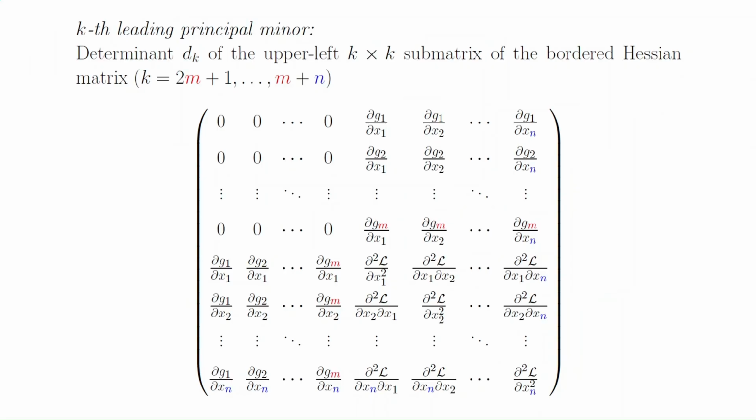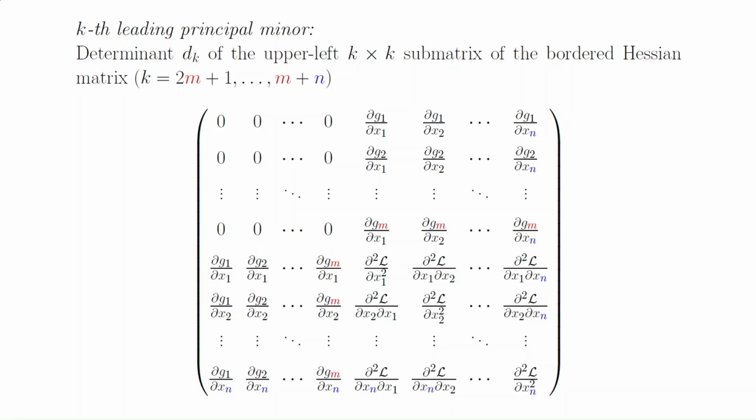For the critical point classification method that we are going to see in this video, we are specifically interested in analyzing the leading principal minors of the bordered Hessian matrix. The kth leading principal minor is the determinant of the upper left k by k submatrix.